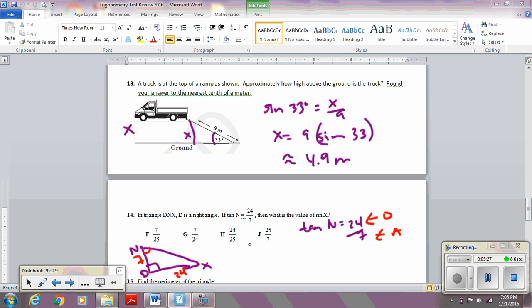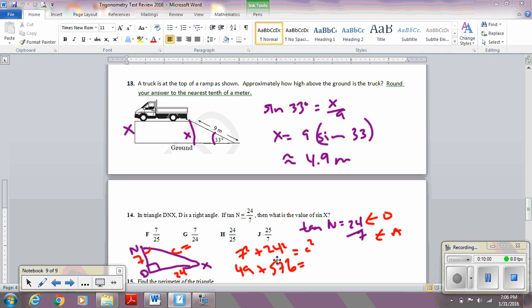We have to find the sine of x. In order to find the sine of x, we need to know what the hypotenuse is. So we use the Pythagorean theorem. 7 squared plus 24 squared is equal to c squared. 7 squared is 49. 24 squared is 576.